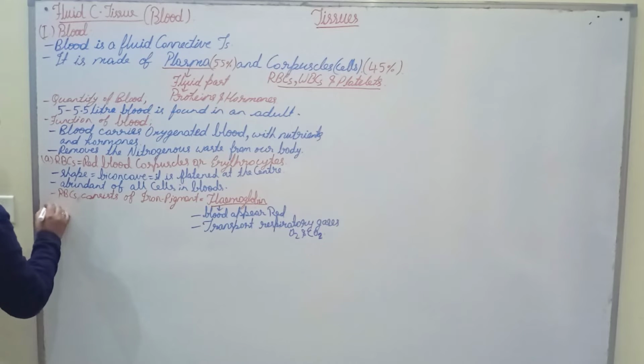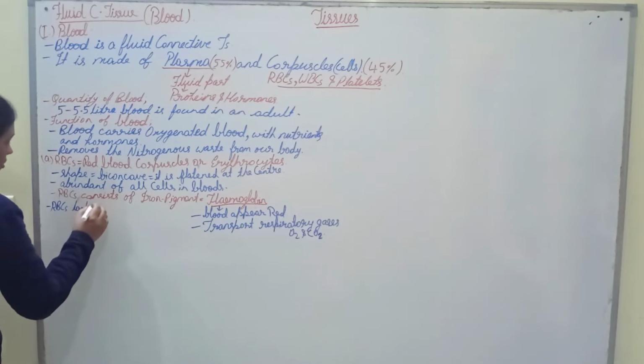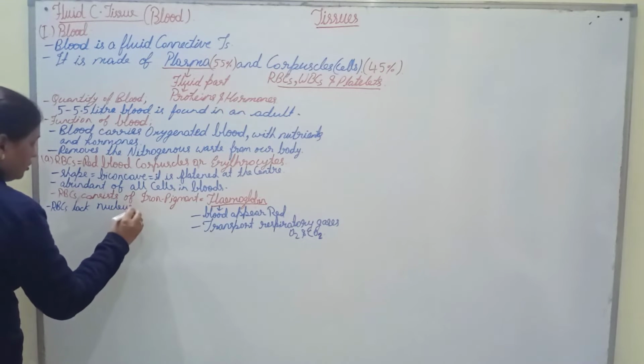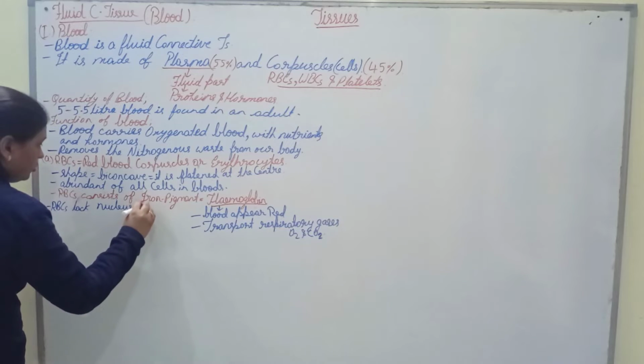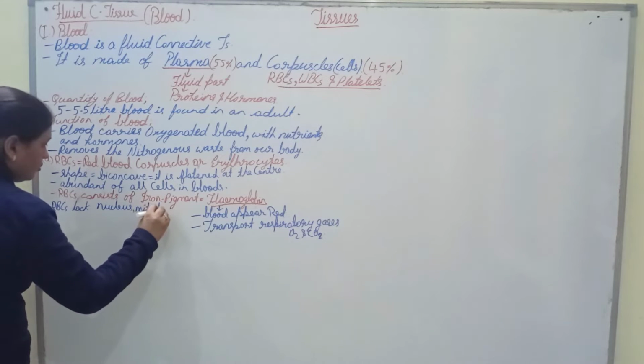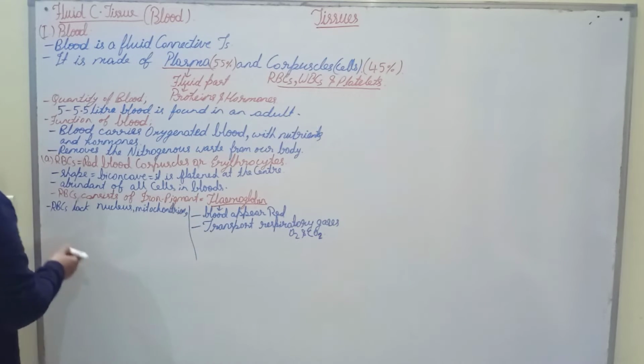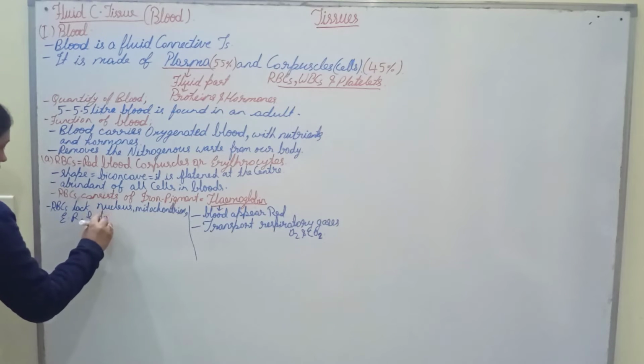RBCs lack different cell organelles like nucleus, mitochondrion, endoplasmic reticulum and Golgi apparatus.